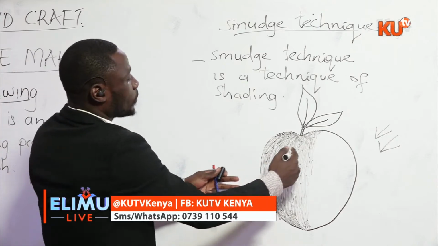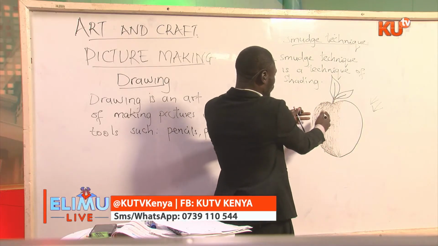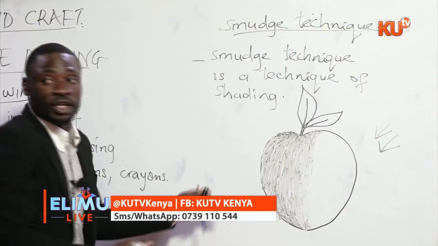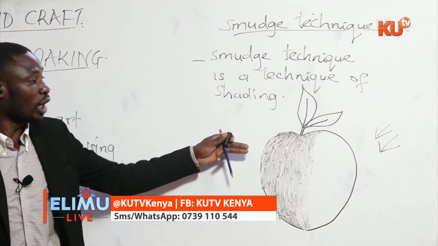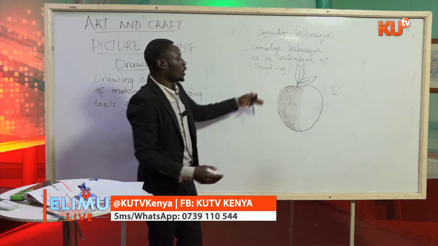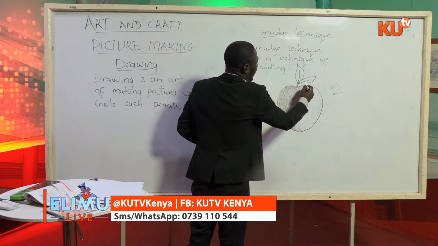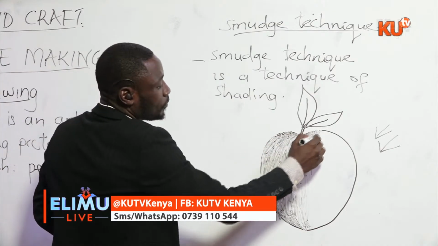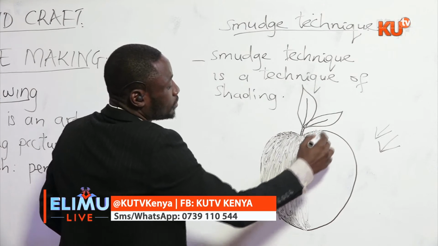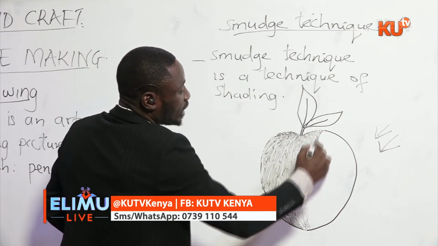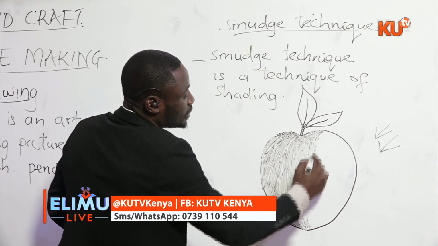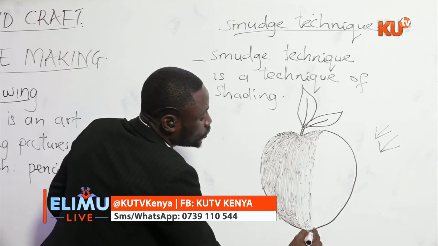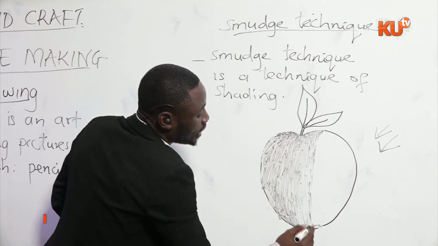This side shows there is shade on the left side because there is no light, or there is less light, and this side has enough light, and that's why we have shaded this side lightly, or not shaded at all. So as you move towards the lighter side, make sure that your pencil or the tool that you are using to shade is loosely held.